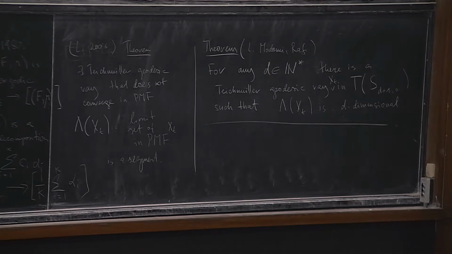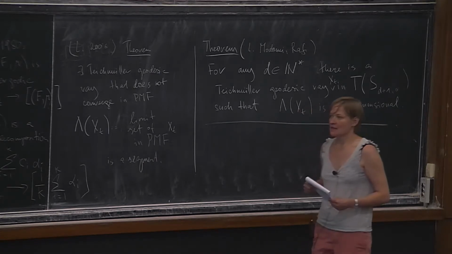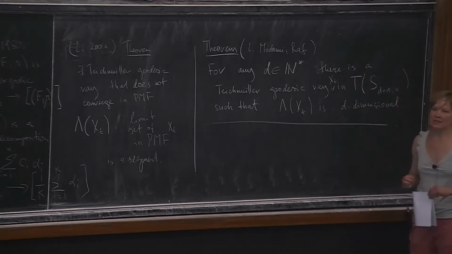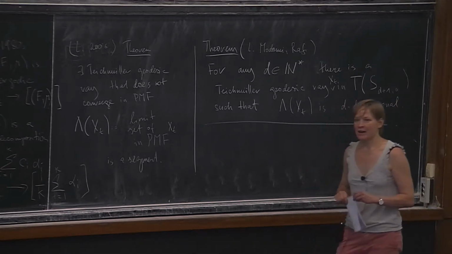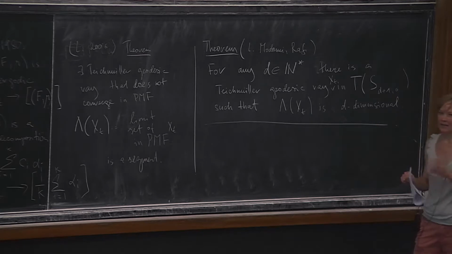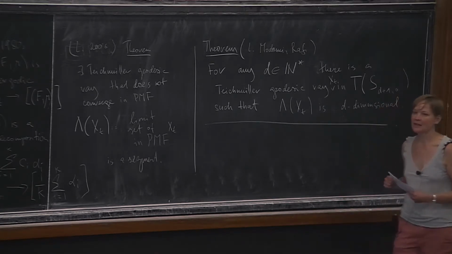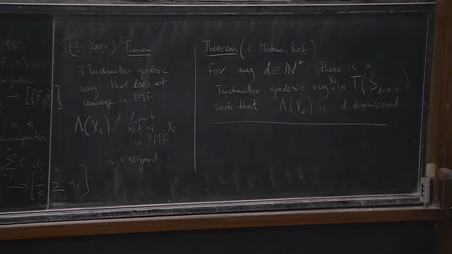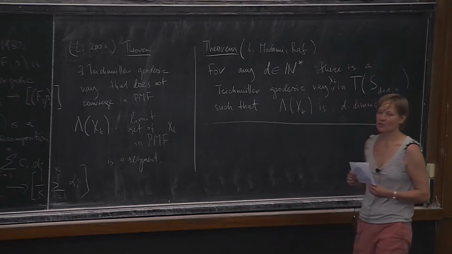Are you saying that you can go to genus but only to genus d+1? Yeah, so I think that one can improve that. I don't know how much, so one can try to improve that.